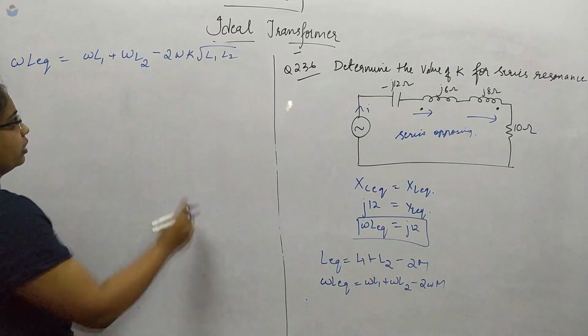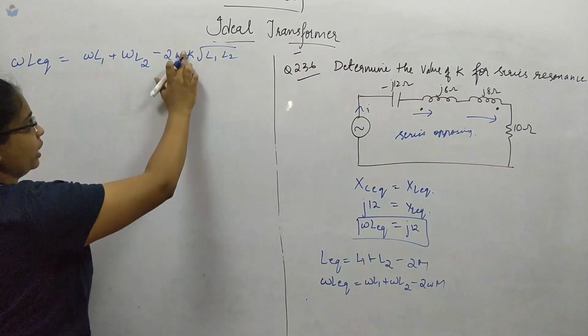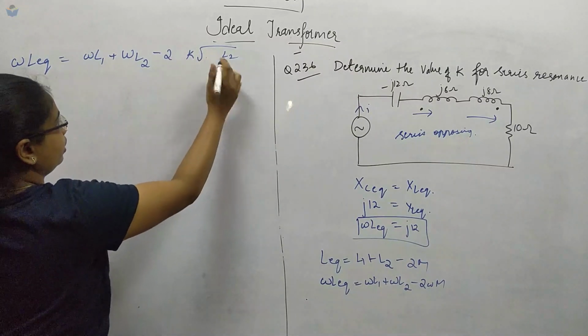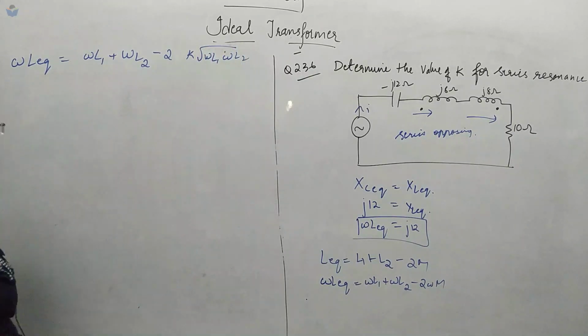If I take the omega inside, it becomes omega square, so one omega multiplies L1 and the other multiplies L2.